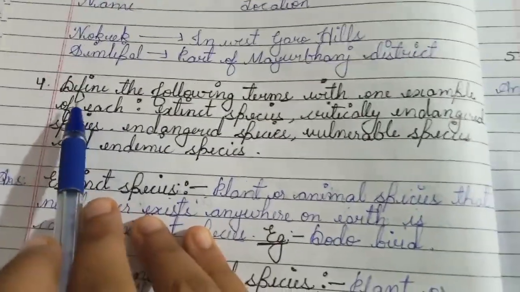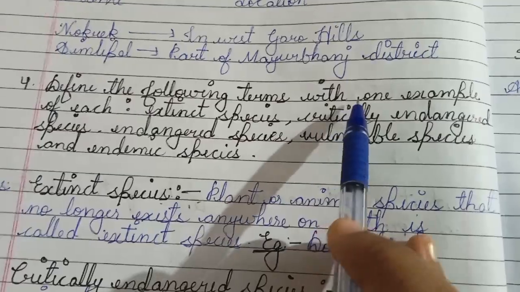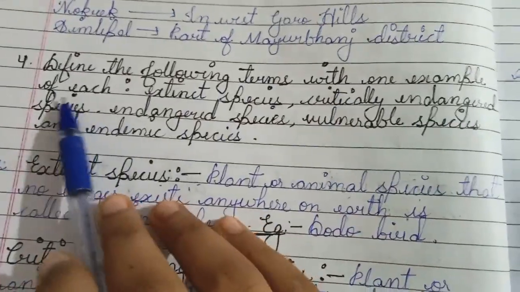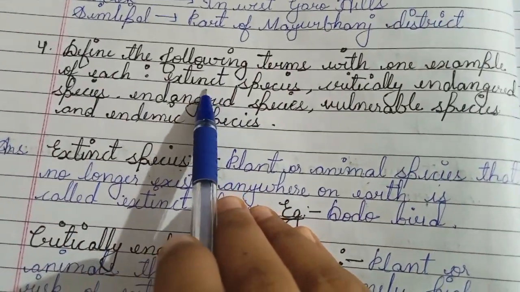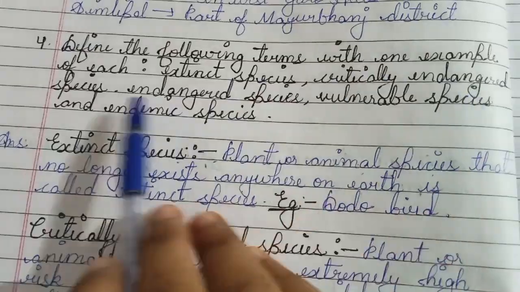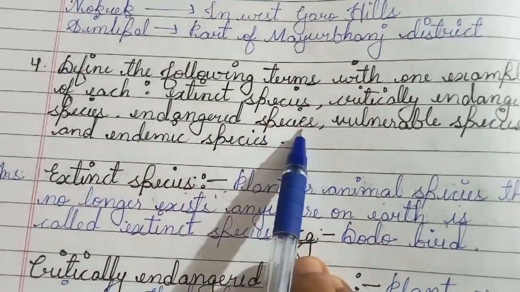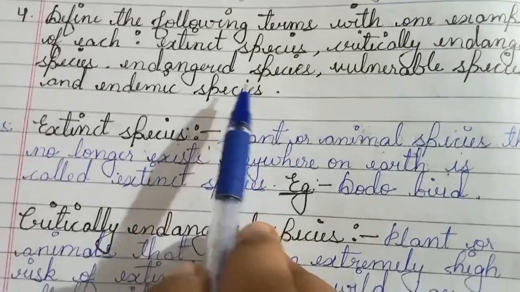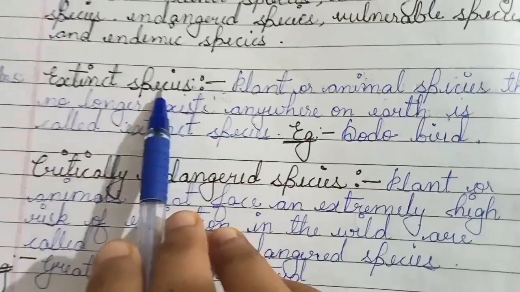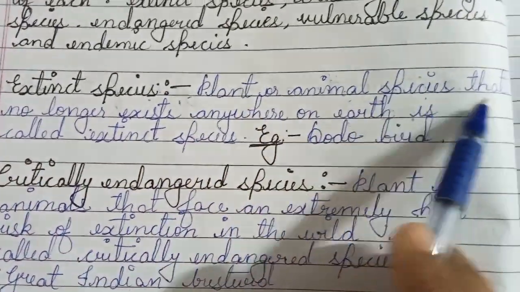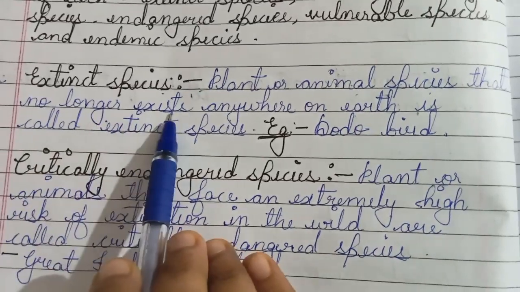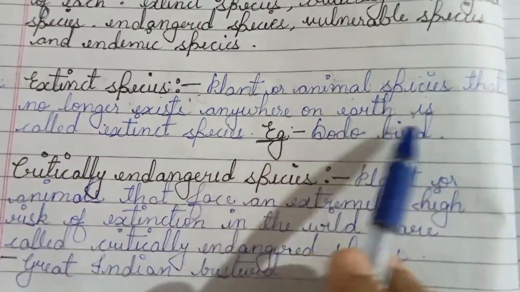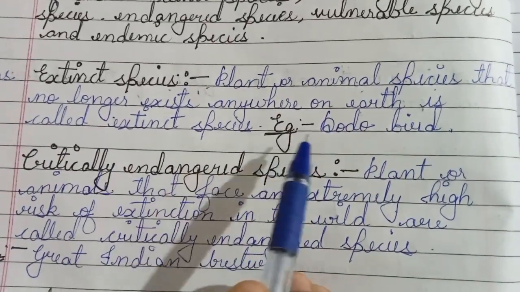Fourth, define the following terms with one example of each. Extinct species, critically endangered species, vulnerable species and endemic species. Answer. Extinct species. Plant or animal species that no longer exists anywhere on the earth is called extinct species.